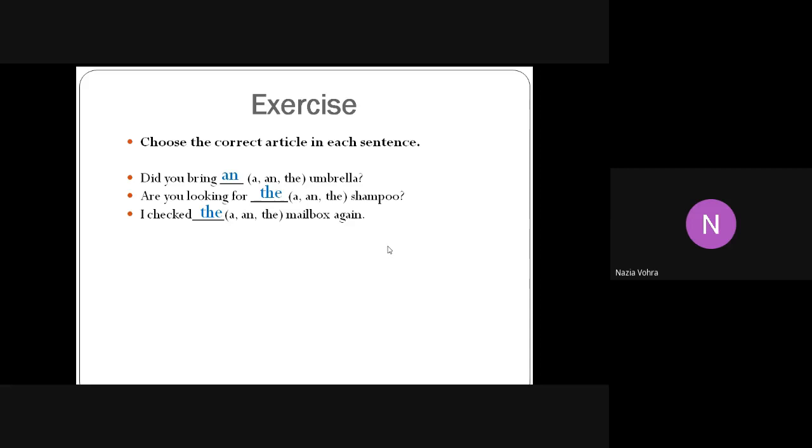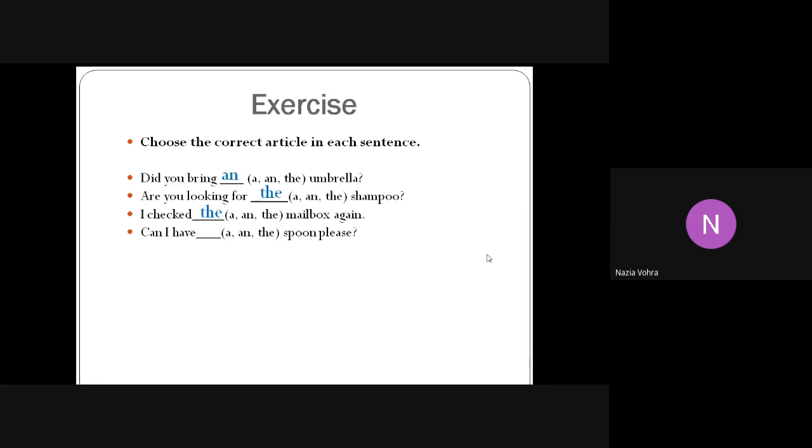So it is something specific. So I checked the mailbox again. Or if you are living in a flat and you have a mailbox for everyone, you will check your own mailbox, not someone else's. So I checked the mailbox. Clear? So it is very specific.